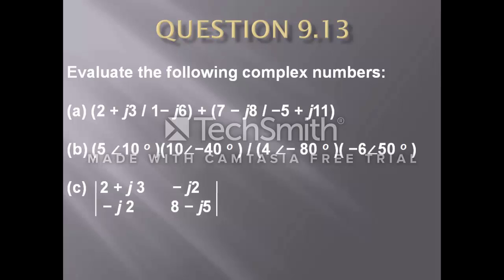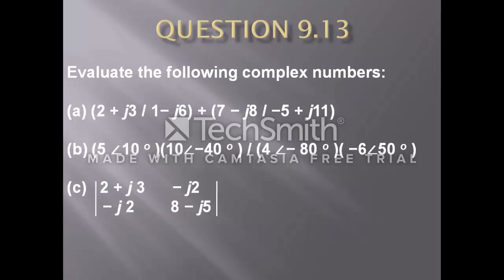B part: bracket open 5 with a phase angle of 10 degrees bracket close multiplied by 10 with a phase angle of minus 40 degrees bracket close, divide the whole division by two polars, that is 4 with a phase angle of minus 80 degrees and multiplied by minus 6 with a phase angle of 50 degrees.